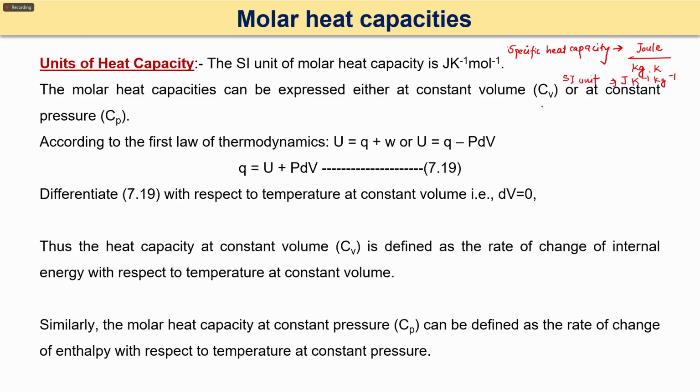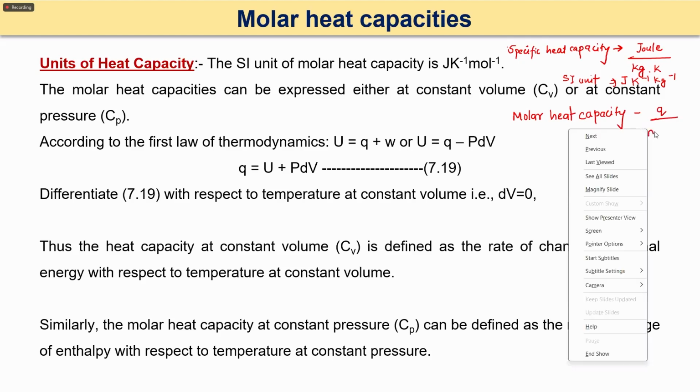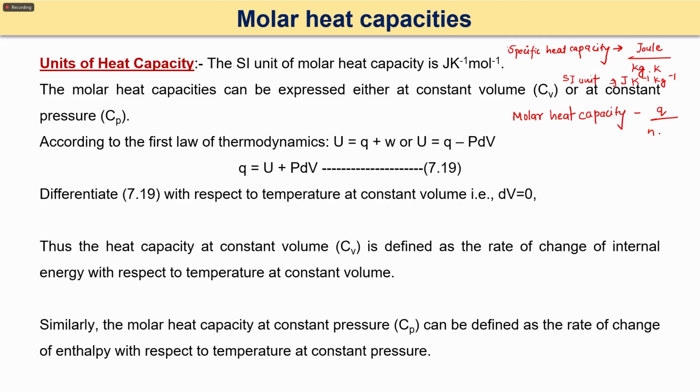And what will be the SI unit for the molar heat capacity? For molar heat capacity, it is Q by n into delta T. If this is the case, the unit of Q is Joule, the unit of n is mole, and for delta T, temperature, it is Kelvin.